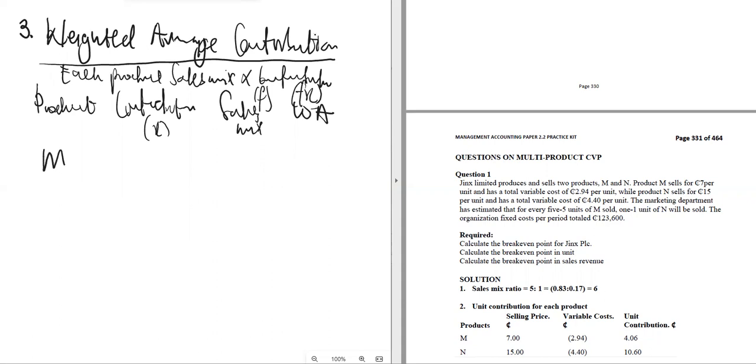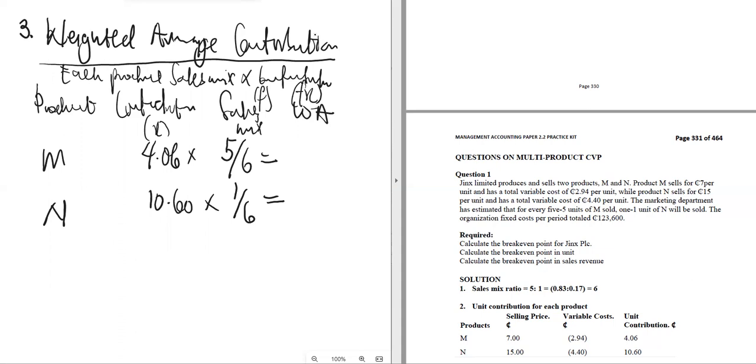So you have M with contribution of 4.06 with sales mix of 5/6. Then we have N, which is 10.60 with sales mix of 1/6. That is what you will do to weight it. Alternatively, you can multiply 4.06 by 5 and 10.6 by 1, then divide all by 6. It will still give you the same answer.